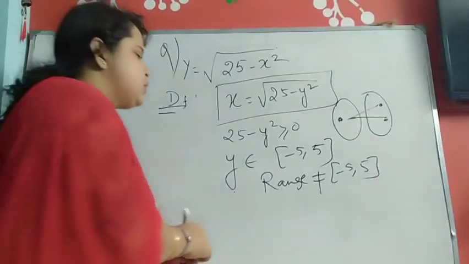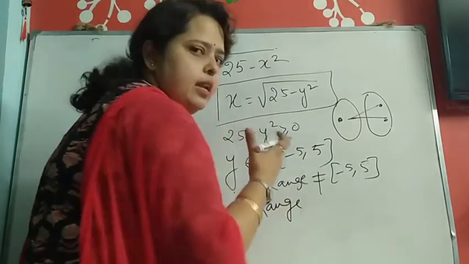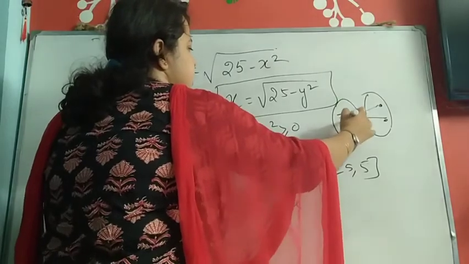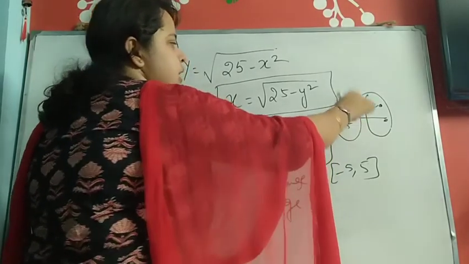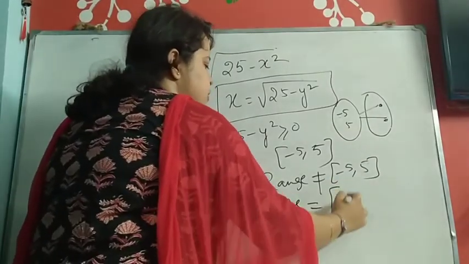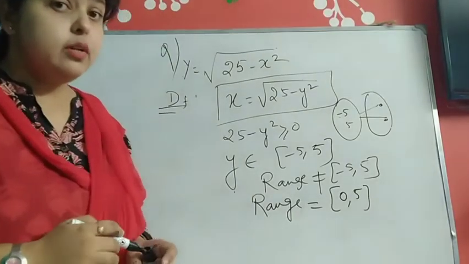So in this case, what am I going to do? I am going to cut off the negative set of numbers from here, because here you know that the domain is only -5 to +5. Understood? So in this case, it should be only 0 to 5. Otherwise, what is going to happen?